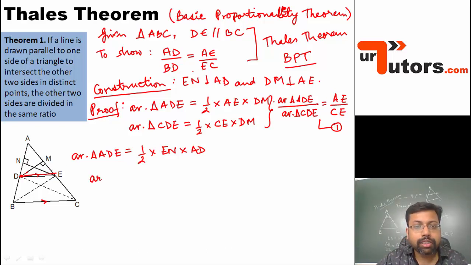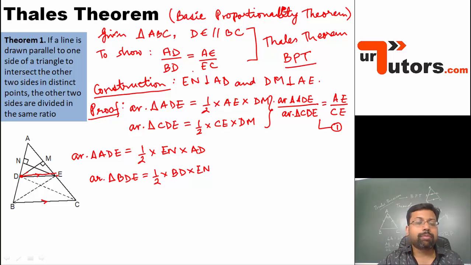And what will be the area of triangle BDE? The area of triangle BDE is going to be half into base, which is BD, into EN. BDE, again, from E we drop a perpendicular. So for this side, this is going to be the perpendicular. So it will be half into base, which is BD into EN.